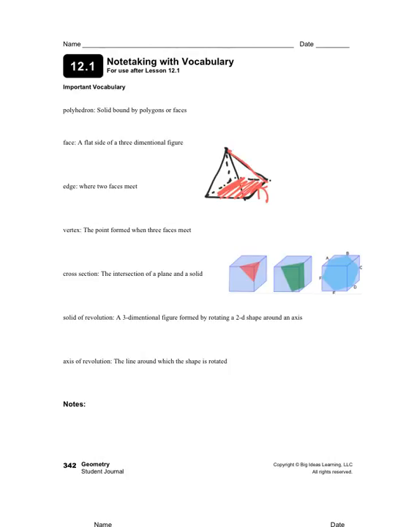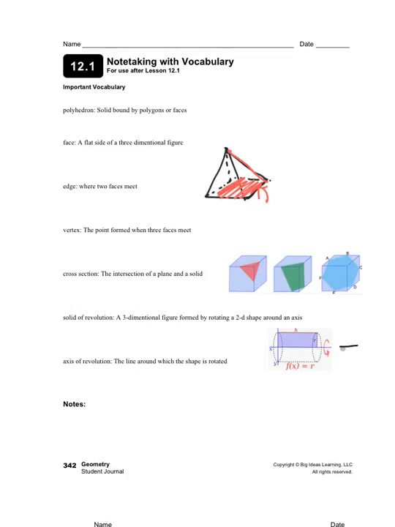All right, so a solid of revolution is a three-dimensional figure formed by rotating a two-dimensional shape about an axis. For example, in this figure, you can see that it starts off as a rectangle. This rectangle is going to rotate about the axis of revolution.